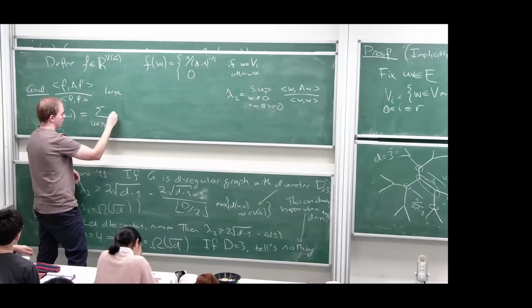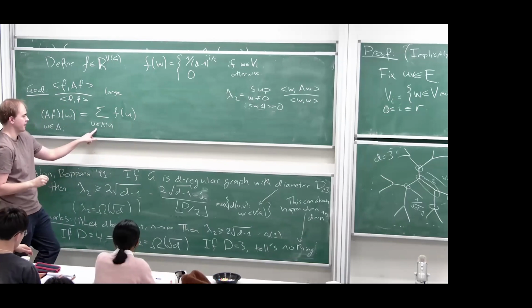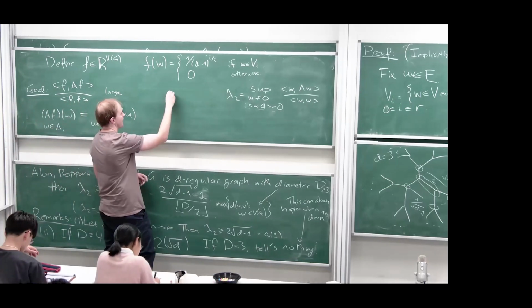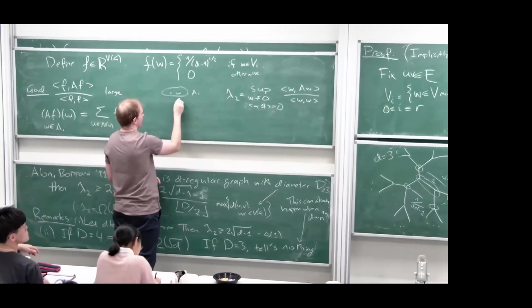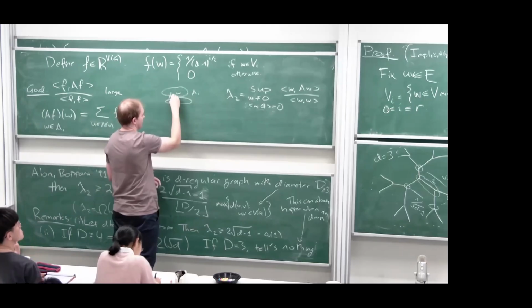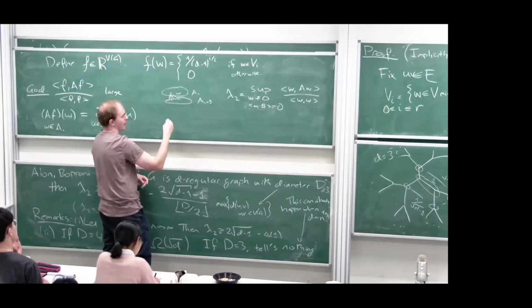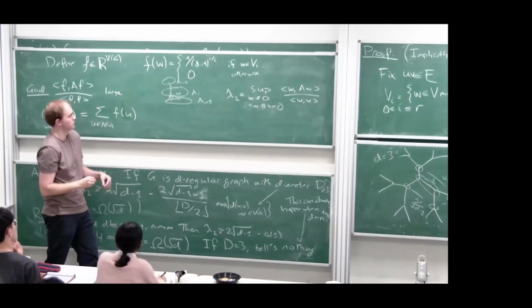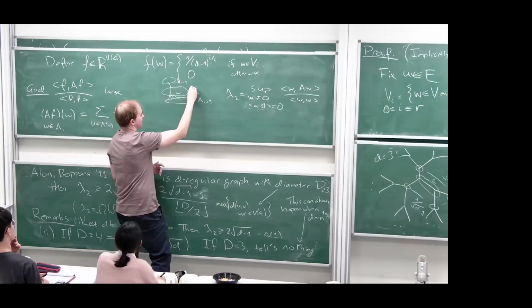By definition, this is just the sum of f(u) for u in the neighborhood of W. So if W is in V_I, it means that all of its neighbors are at worst contained in V_{I+1}, and it has one neighbor in V_{I-1}. You mean V_I? Yes, sorry, yeah. Thank you.